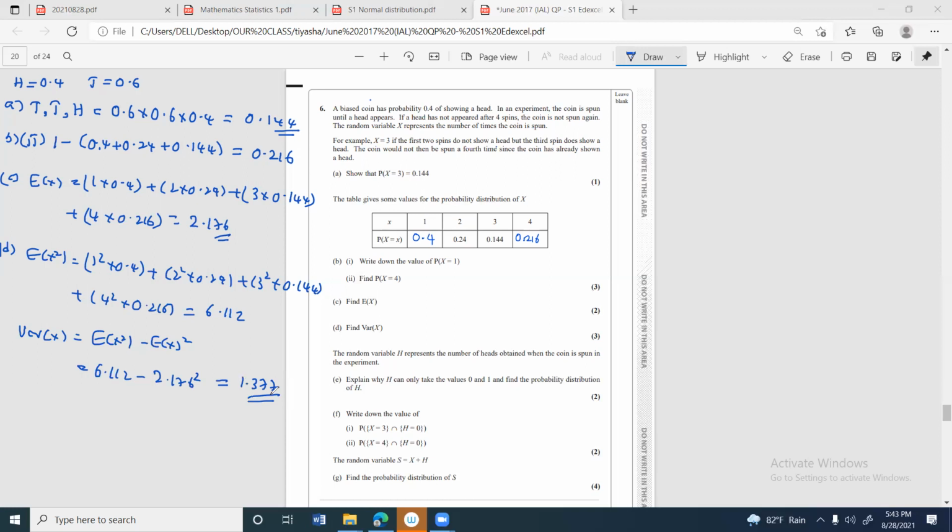Now read the question clearly. The random variable H represents the number of heads obtained when the coin is spun in this experiment. Then how do you get this answer?